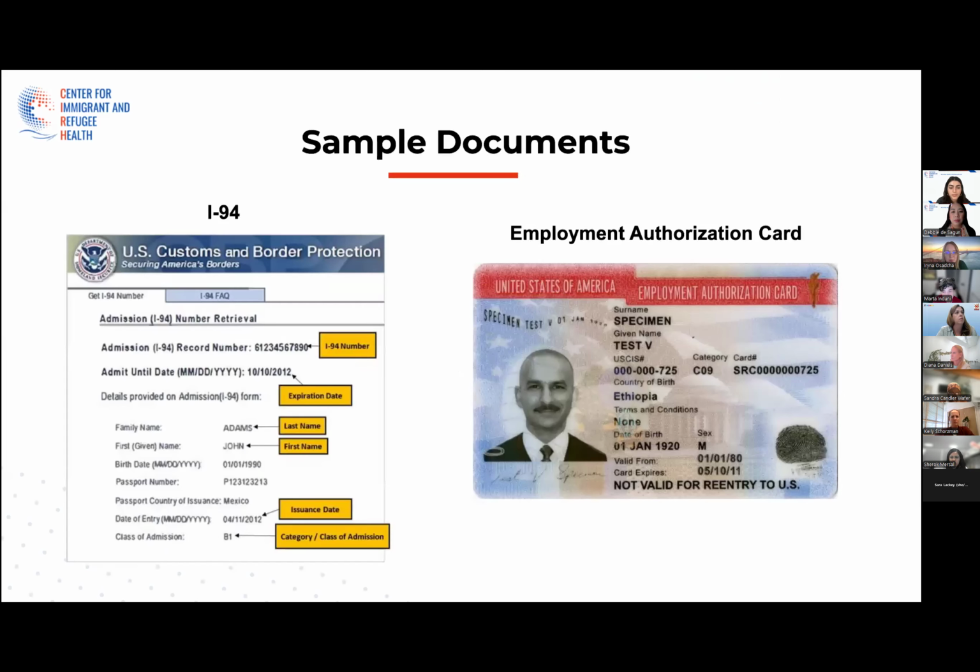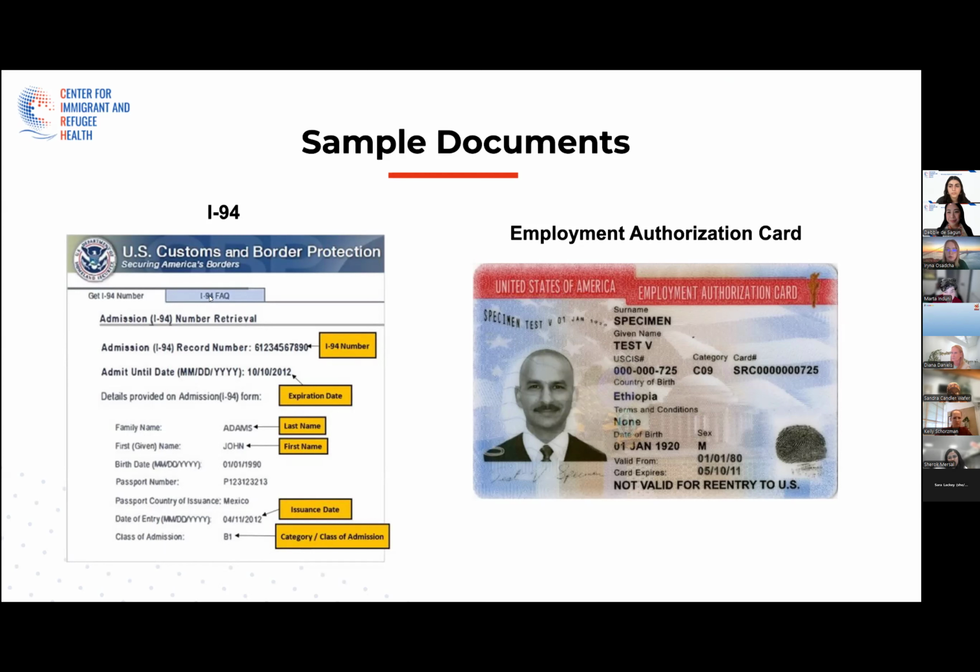Here is a sample of the documentation, Form I-94. The important pieces to follow are the admission date, which is very important, because we know this particular student's family member will be eligible. It has their name, last name, date of birth, passport number, and class of admission. I also know some life hacks.